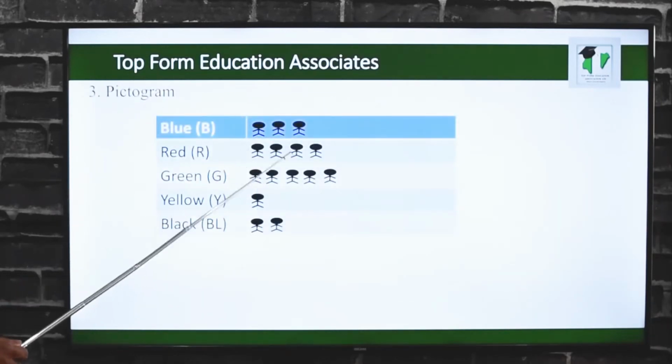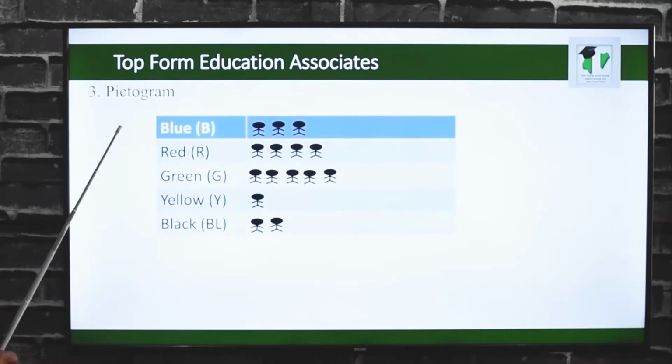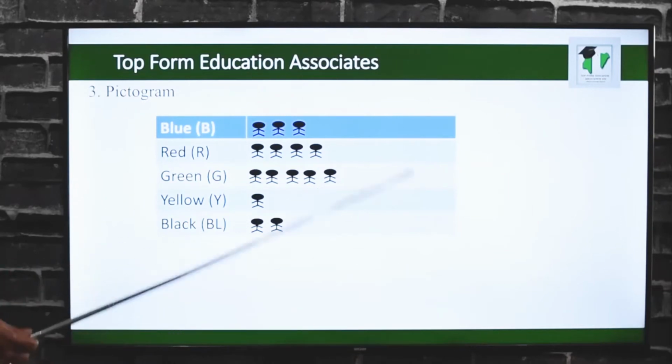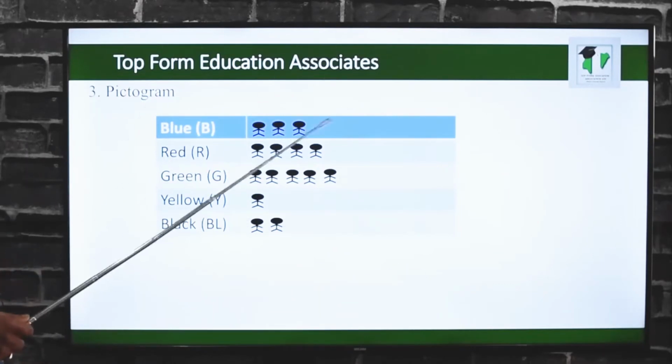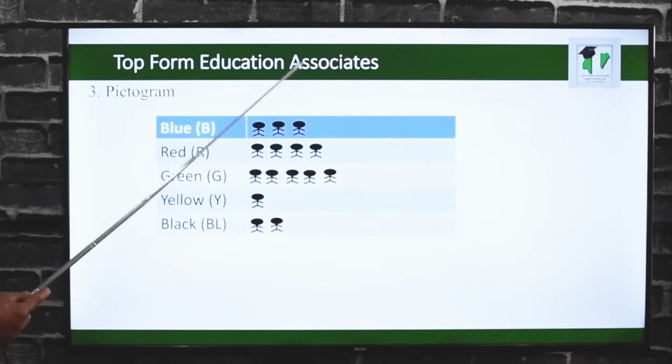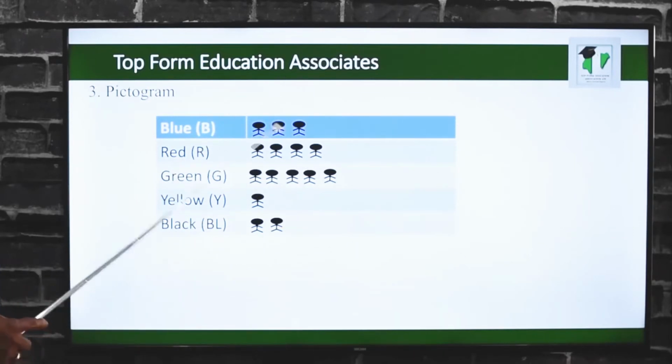Present in a pictogram the question for the women that chose their favorite colors. Remember, for a pictogram, you make a frequency table, which was given. So the picture of a head is representing one woman.